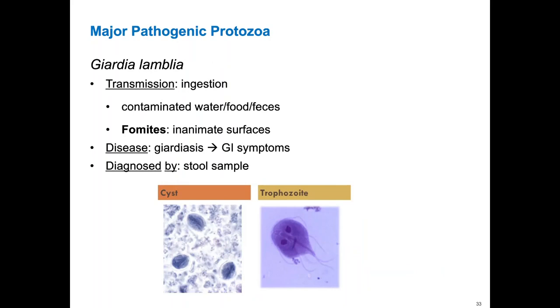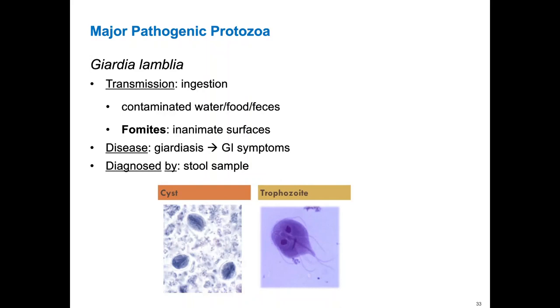Next, Giardia lamblia. This is transmitted through ingestion of contaminated food and water, or even feces. Yuck. But also it can be transmitted via fomites. Fomites are just inanimate surfaces like your bench top, etc. They cause giardiasis, and this is going to result in GI symptoms.